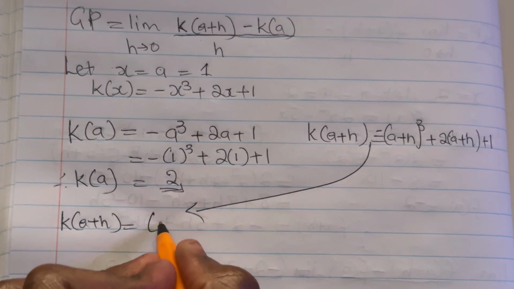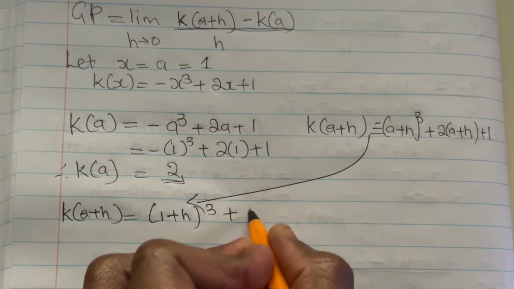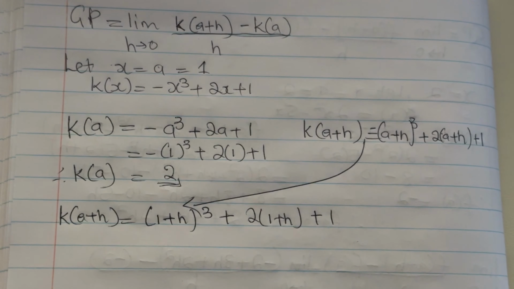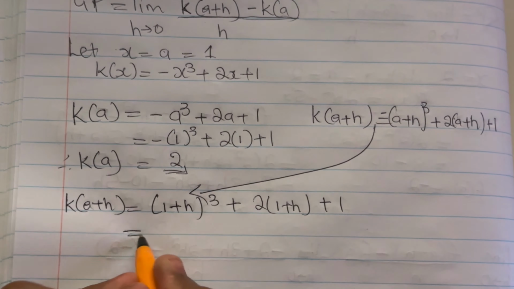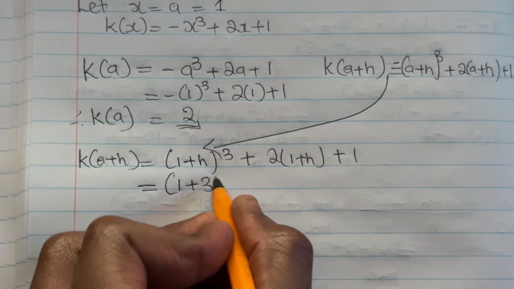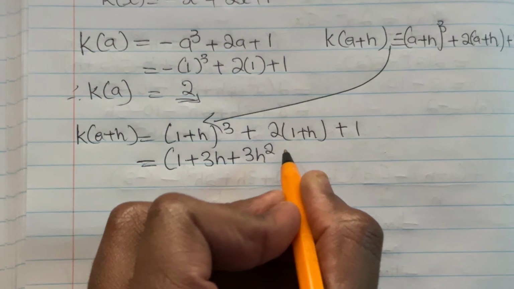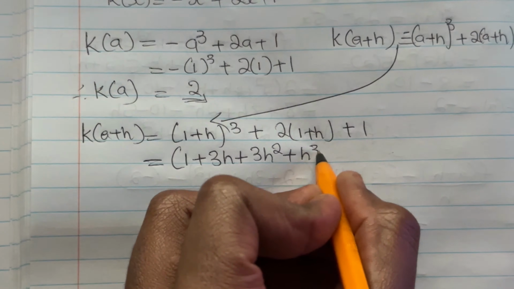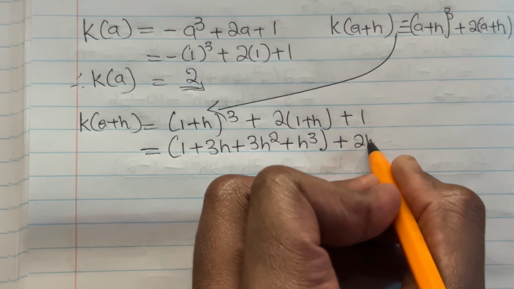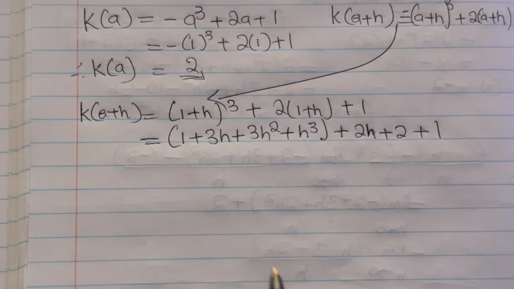It's going to be minus 1 plus h to the power of 3 plus 2 into 1 plus h plus 1. To simplify this, it will be 1 plus 3h plus 3h squared plus h cubed, plus 2h plus 2 plus 1.